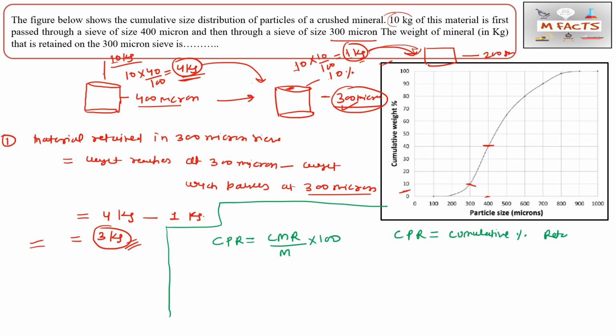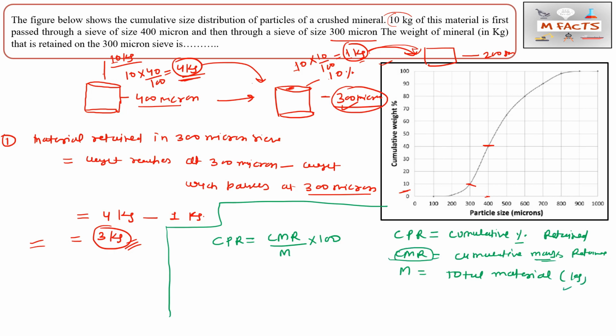And CMR is the cumulative mass or weight retained. Okay, so this is the difference. This is in percentage, but this is in mass. And M is the total mass, or total dry material basically, in kgs. So whatever the unit is, you will find the CMR in that unit only.